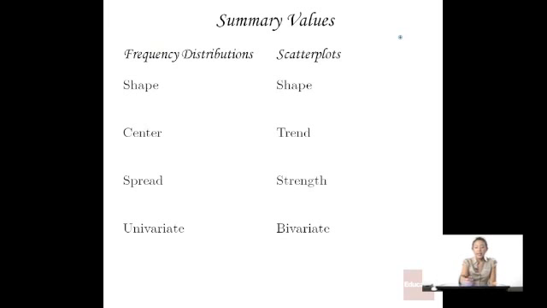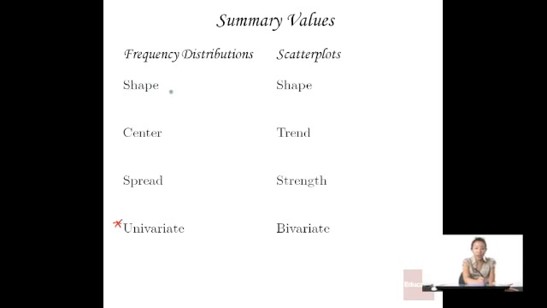All right, so let's talk about these particular summary values of shape, center, and spread. And remember, frequency distributions are always what we call univariate in terms of continuous variables. It might have two variables, but one will probably be categorical.